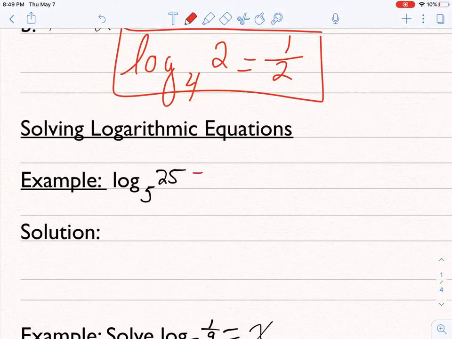So we're going to set this equal to x, so that it looks like a solving problem, because when we solve, we need an equal sign to solve for something. If that's the case, that means we're going to write this in exponential form first.